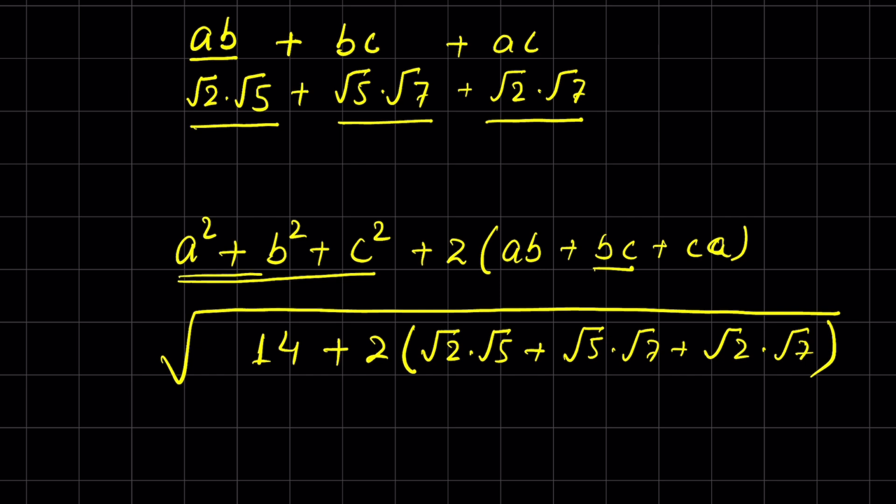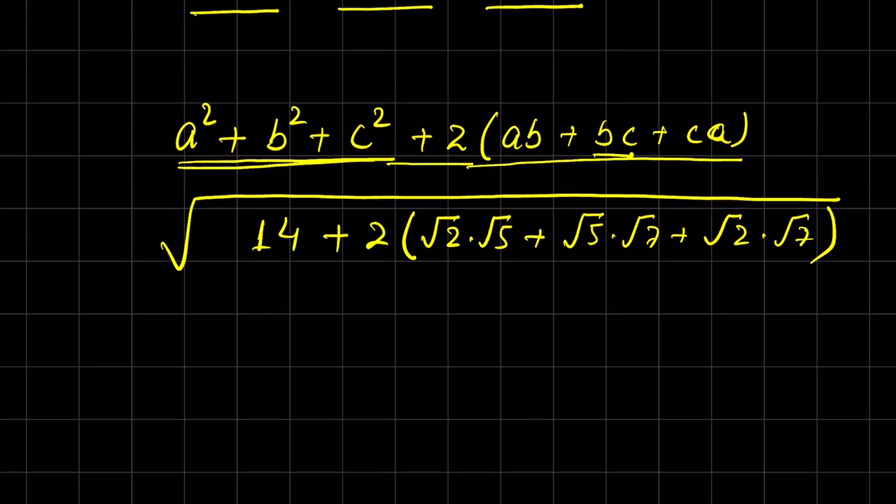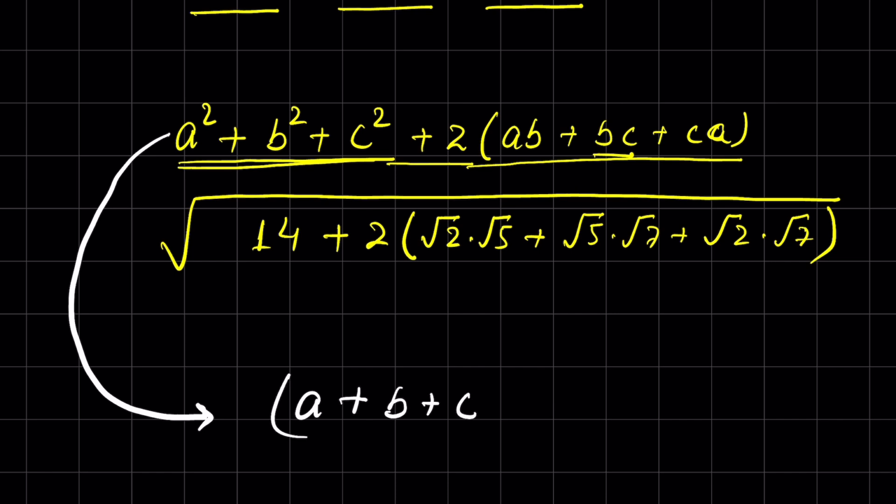Now this formula a square plus b square plus c square plus 2 parenthesis ab plus bc plus ca is an algebraic expression, and we can write it as a plus b plus c whole square. When expanded, it becomes a square plus b square plus c square plus 2ab plus 2bc plus 2ca.